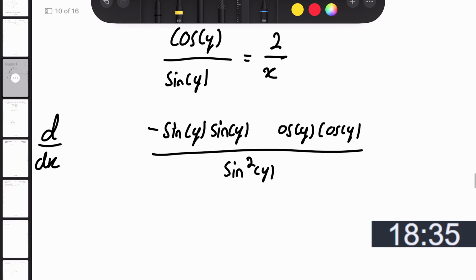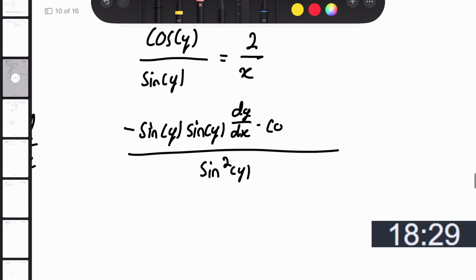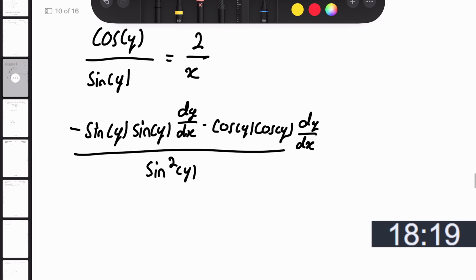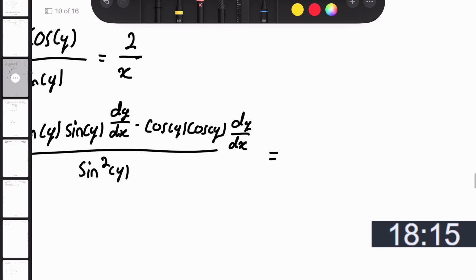Oh wait, no, to do the top, I'm going to have a dy dx here. Minus cosine of y, cosine of y, dy dx. Bottom, square this, and then this will equal negative 2 on x squared.